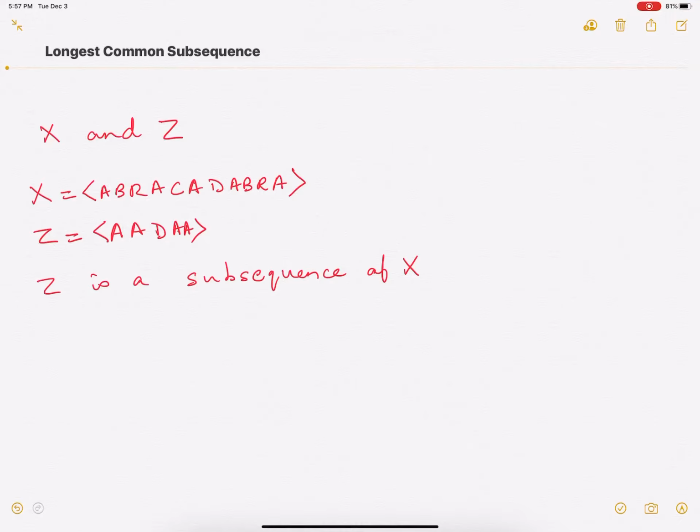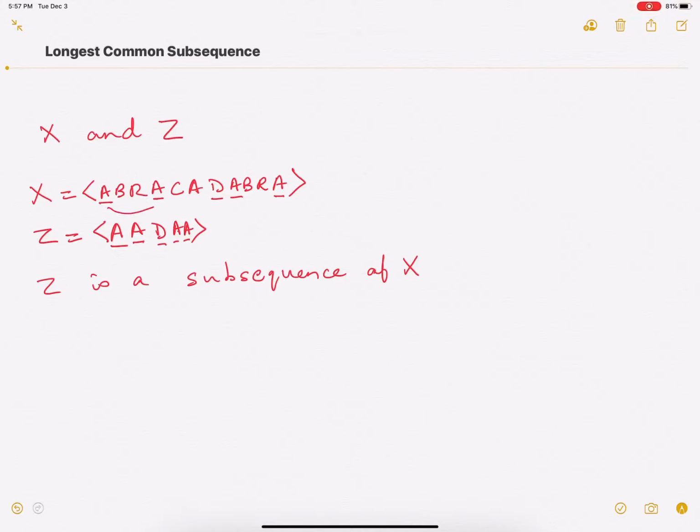Now you see, if you consider the a in z, there is an a in x. Now if you consider the second a in z, you can move ahead and consider this a. Then consider this d, move ahead, consider this a, and consider the last a.